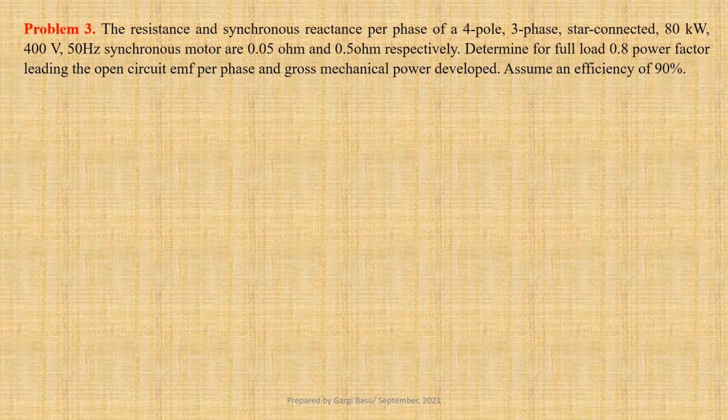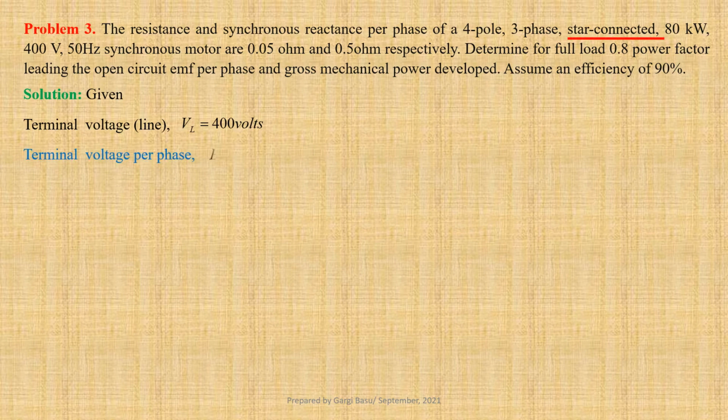Let us first write down the given data. Line to line terminal voltage VL equals 400 volts. Since the armature winding is star connected, terminal voltage per phase ET equals VL by root 3, that is 400 divided by root 3, which gives us 230.9401 volts.